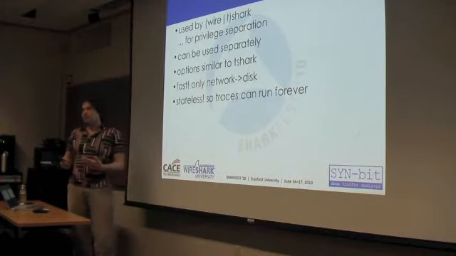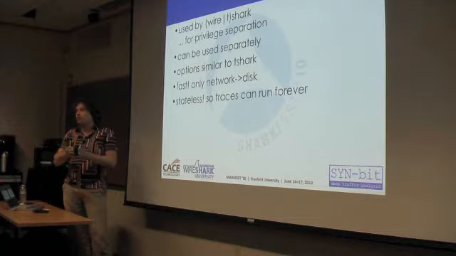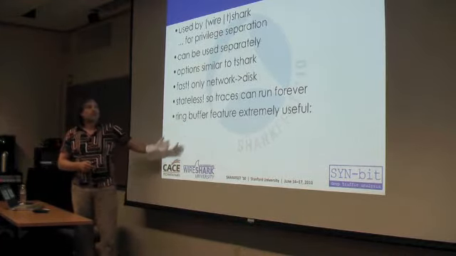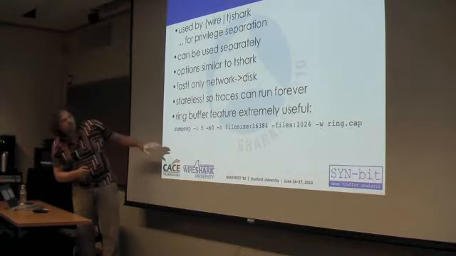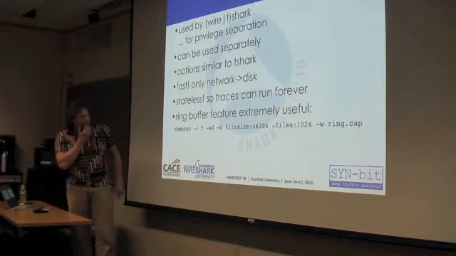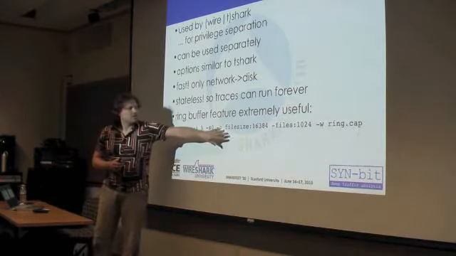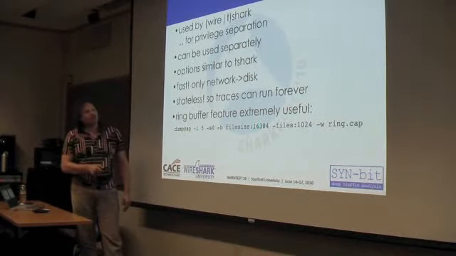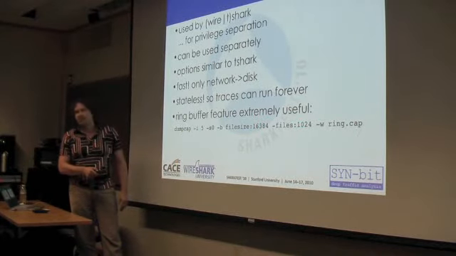I've been using it in some situations for months in a row, using a circular buffer, like a ring buffer. So what you do is you make a ring buffer of 16 meg files, and you keep 1,000 files.